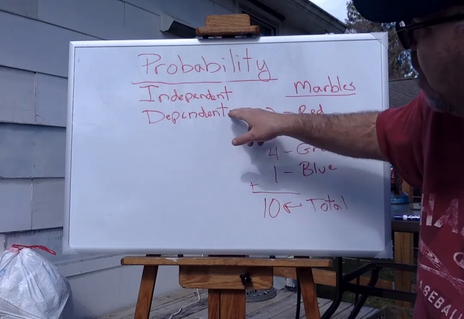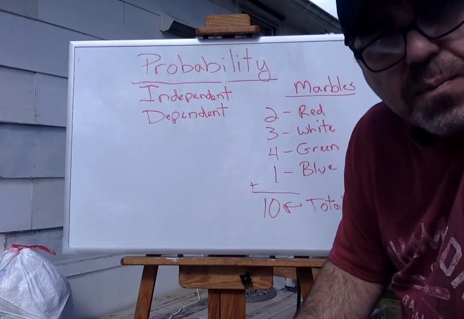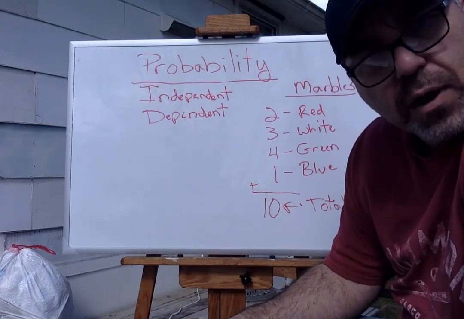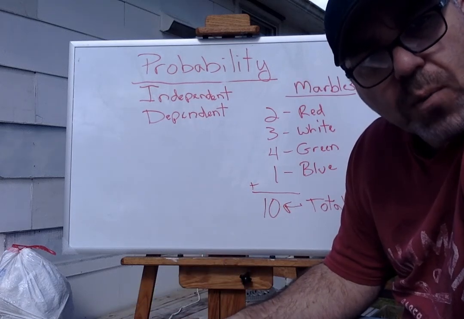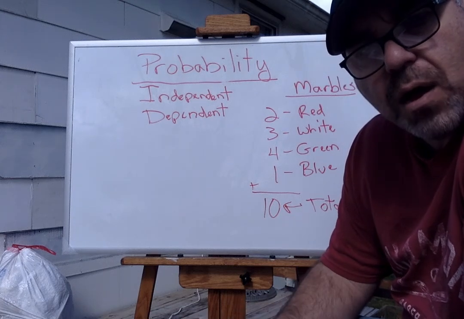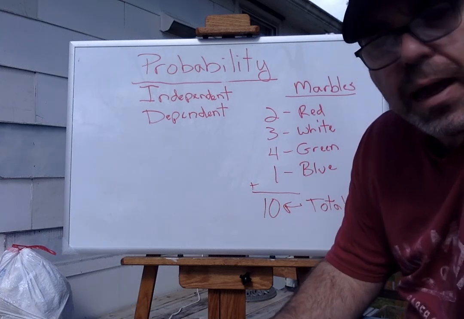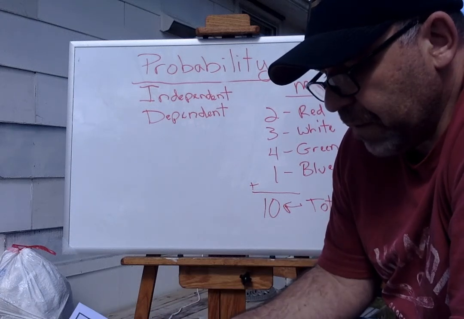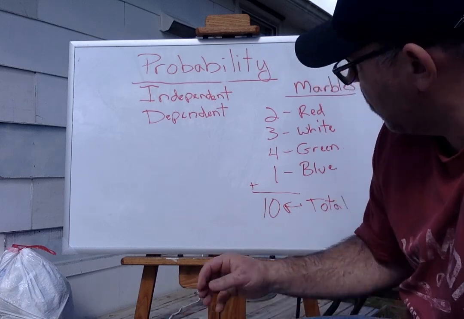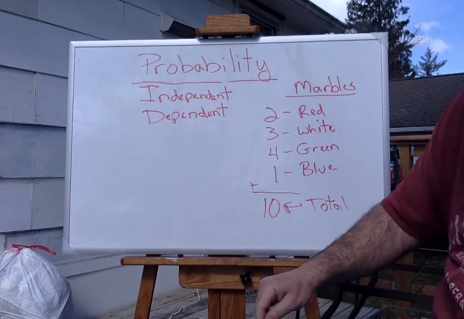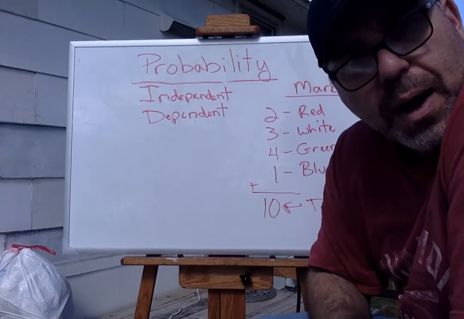Now, you also see what I have written here. I have independent and I have dependent. Independent means we're starting everything all over again when we pick a marble. Dependent means the outcome is going to be affected by a previous event. So what does that mean? Think about this. You have all these marbles in the box, and I'm going to pick a marble out of the box.